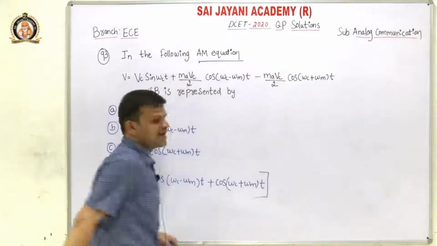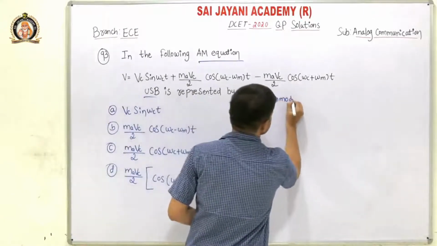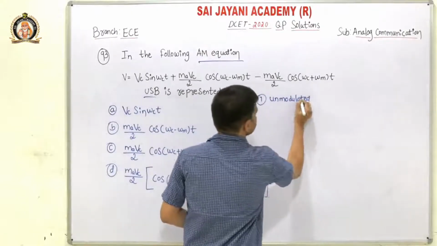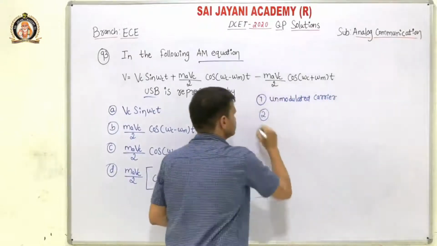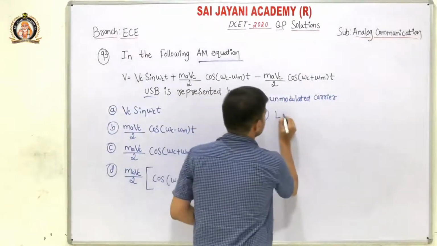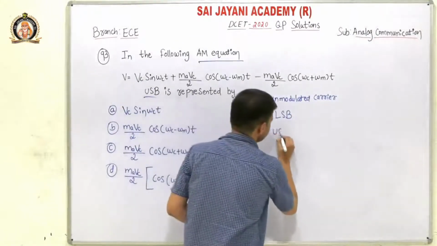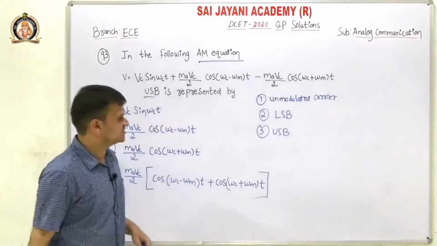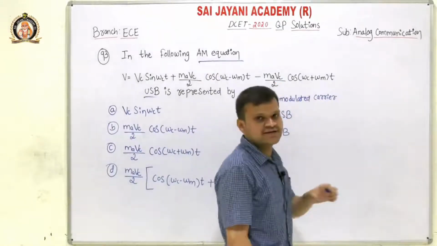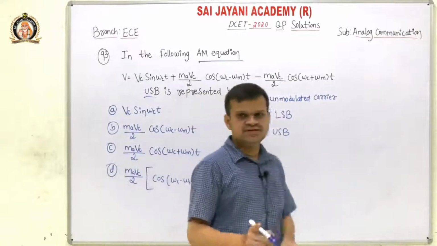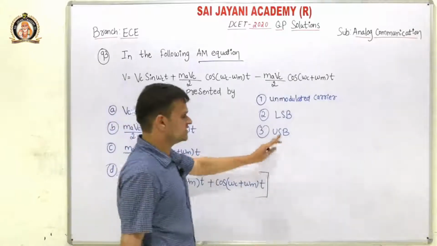The AM equation has 3 parts: the unmodulated carrier signal, the second one is LSB, the lower sideband frequency of the signal, and the third one is USB, the upper sideband frequency of the signal.